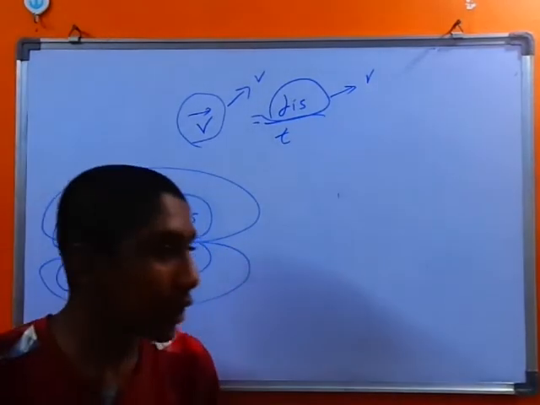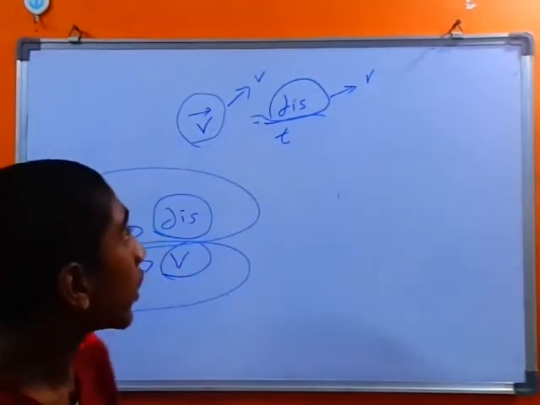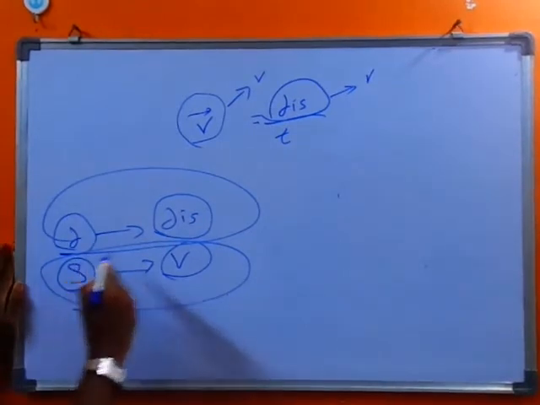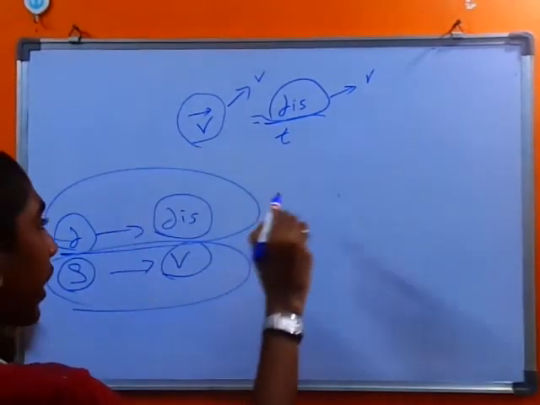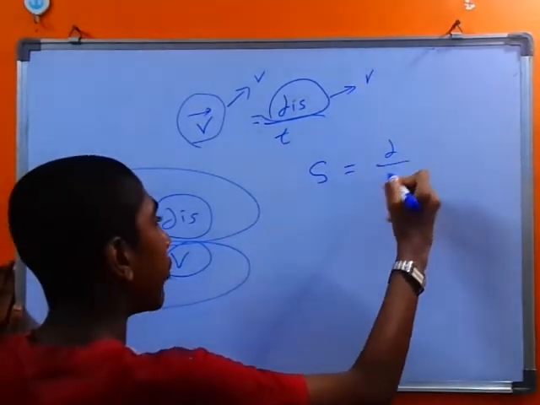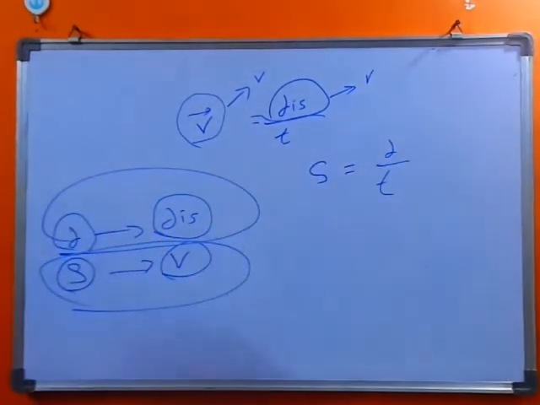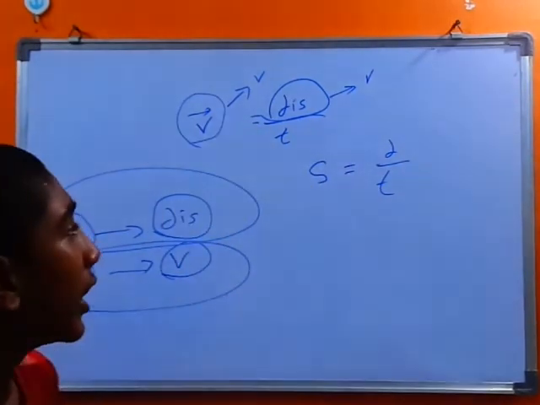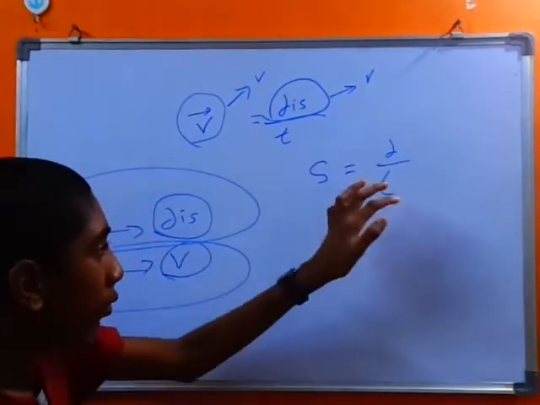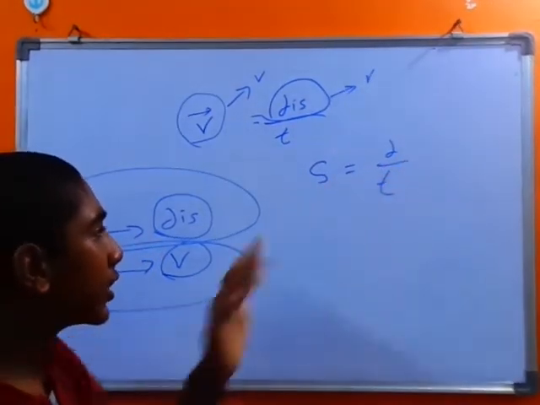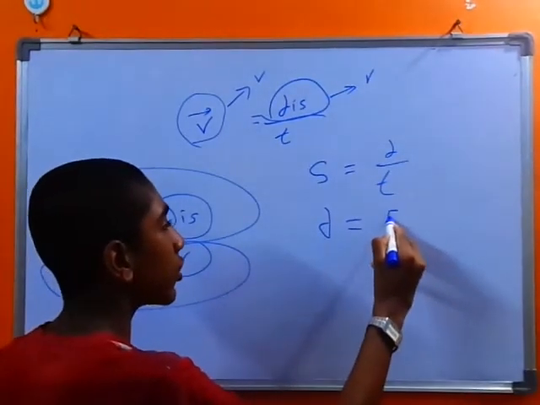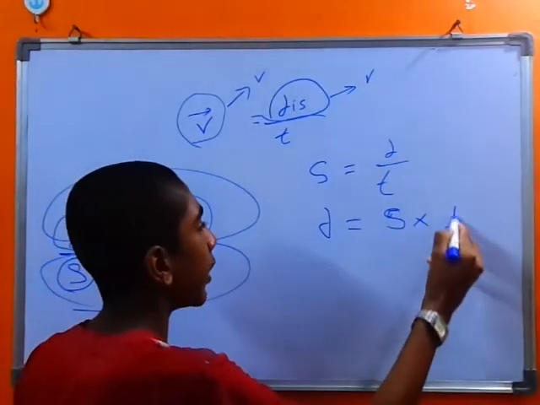So there is some relationship between speed and velocity. We can write speed as distance per time. By using this formula, we can find speed. So how can we find distance? In order to find distance, we can do cross multiplication and write distance is equal to speed multiplied by time.